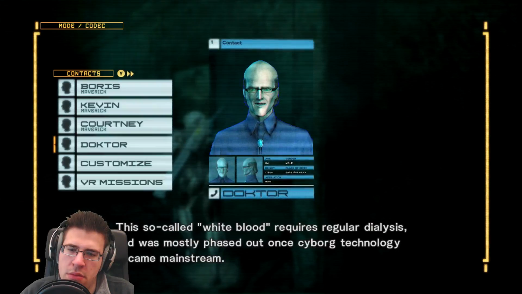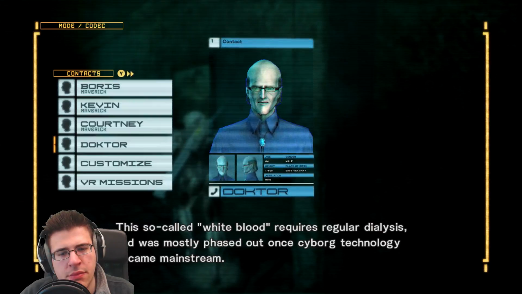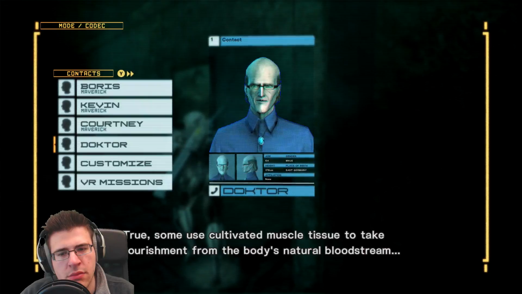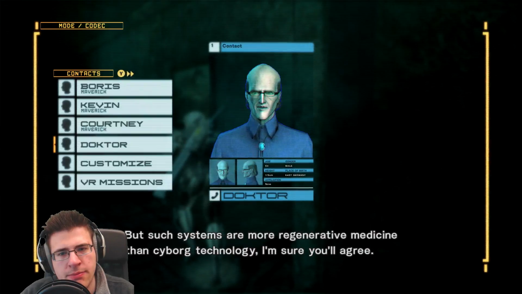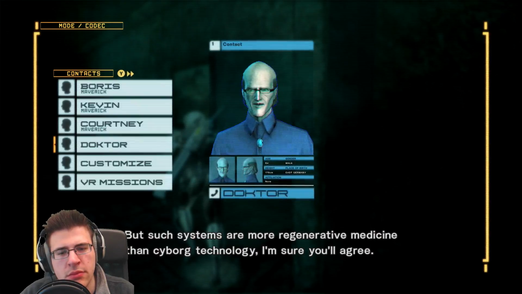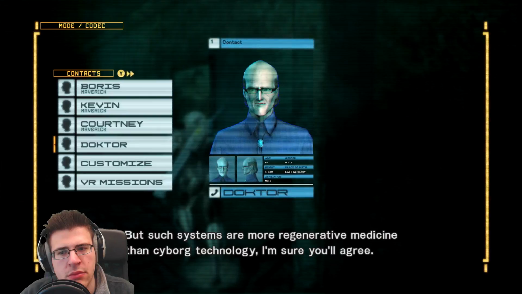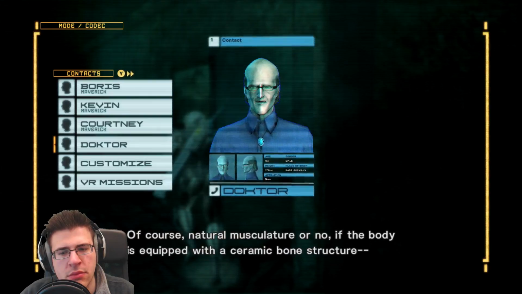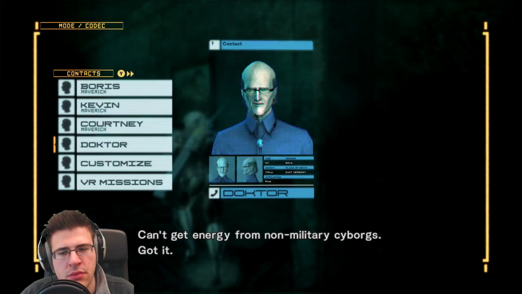This so-called white blood requires regular dialysis and was mostly phased out once cyborg technology became mainstream. True, some use cultivated muscle tissue to take nourishment from the body's natural bloodstream. But such systems are more regenerative medicine than cyborg technology. I'm sure you'll agree. Of course, natural musculature or no, if the body is equipped with a ceramic bone structure... Can't get energy from non-military cyborgs.